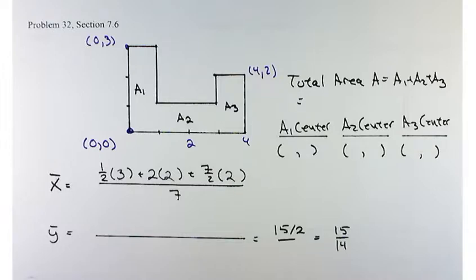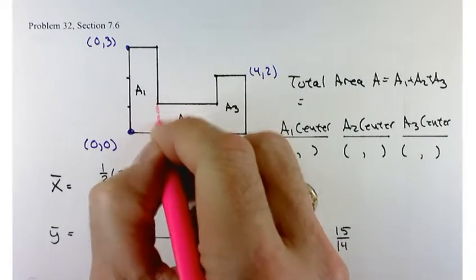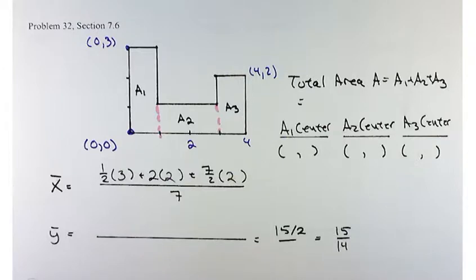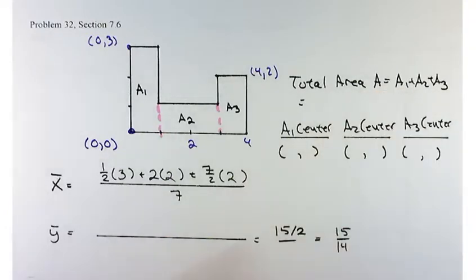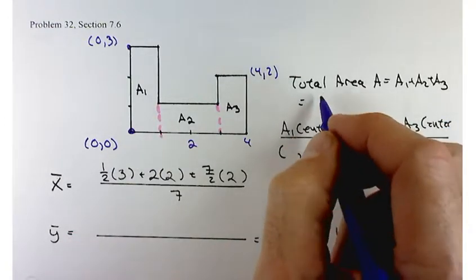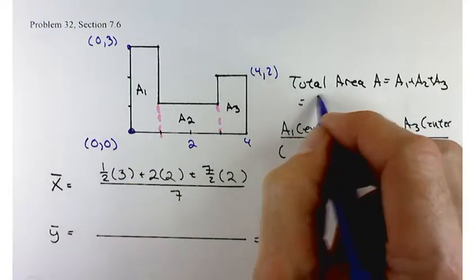Let's first figure out the total area of this object. I'm going to do that by cutting it into a couple of different rectangles. I don't think that's too hard, right? Let's start with the area of A1. What's the area here? 3 times 1, 3.